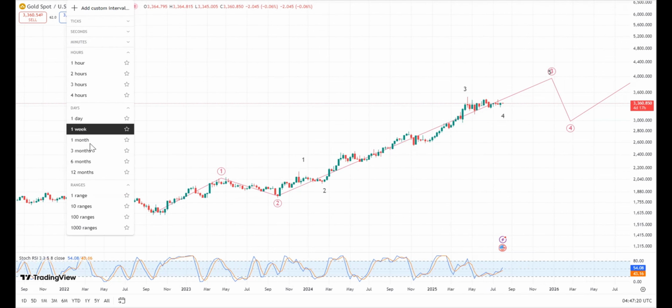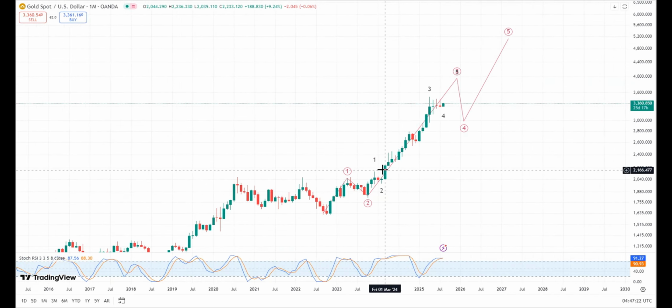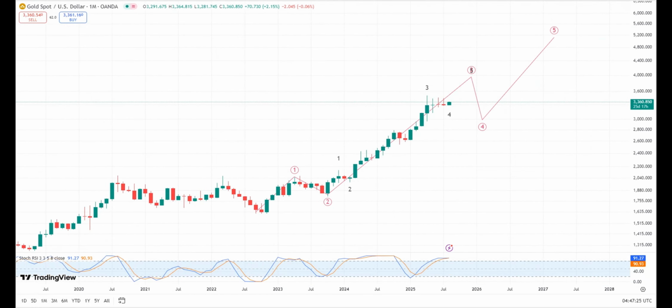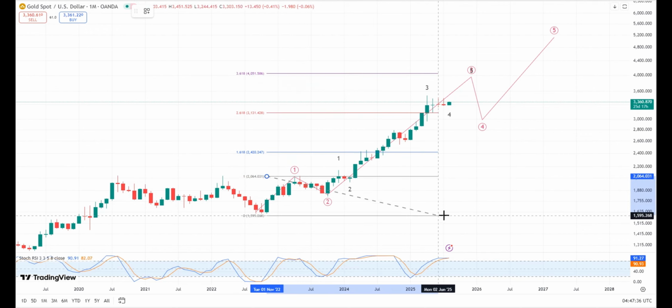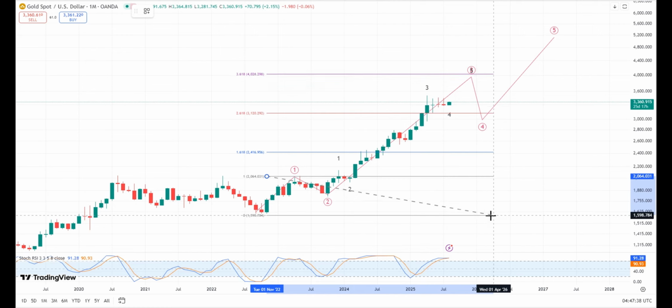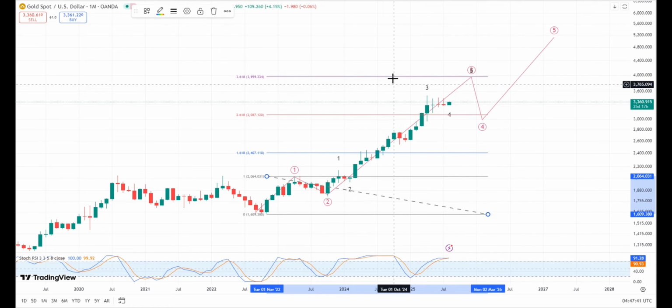Let's also look at the fib retracement ratio for this monthly before we go to weekly. So here is the wave 1. If we take from the top of wave 1 to the low of wave 1, and then project it to our current, you can see our 3.618 retracement ratio is still here, and we know with wave 4, the maximum it can get to is 400% retracement ratio, according to our Elliott wave principles.